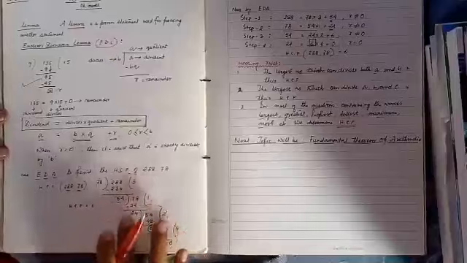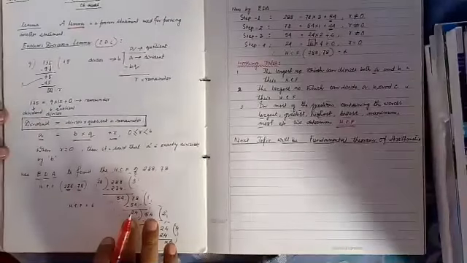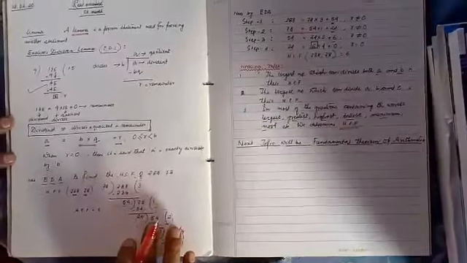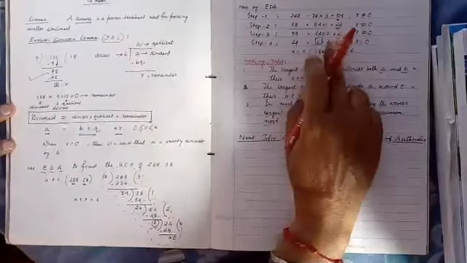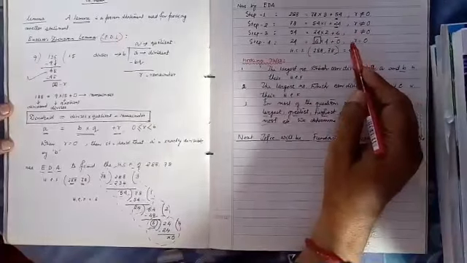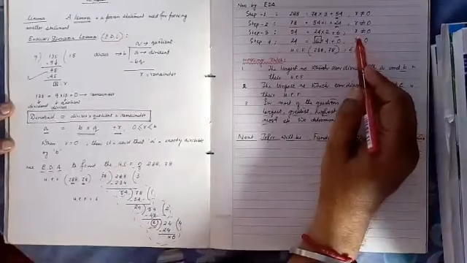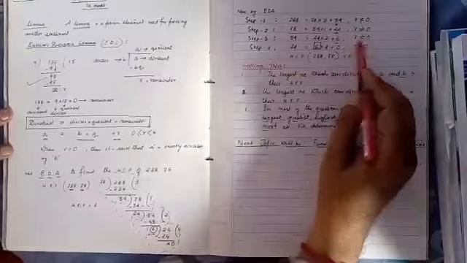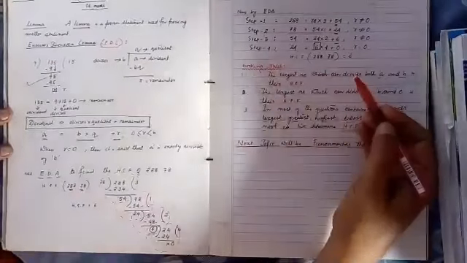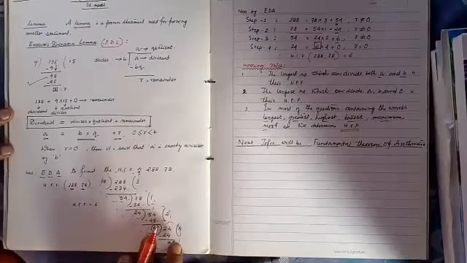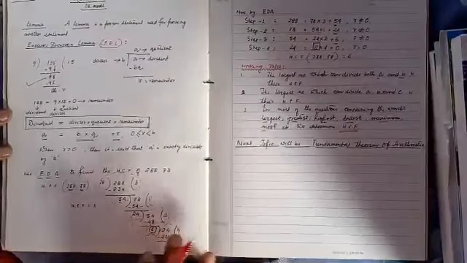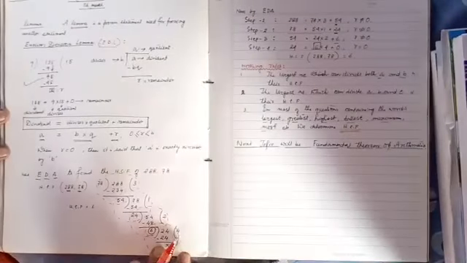For step 3, 24 is the divisor, 54 is the dividend. So for step 3 we will write 54 is equal to 24 into 2 plus 6, that is 6 is the remainder, and obviously r is not equal to 0. Now step 4, we are dividing 24 by 6, so 24 is equal to 6 into 4 plus 0.